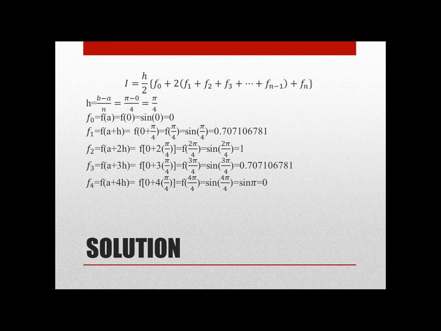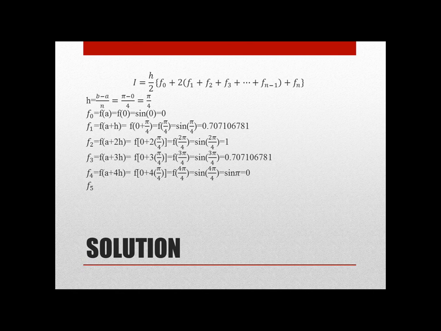Okay, now, how about for the f5? Do we have f5? Take note that our n is how much again? n is 4. Now, do we have f5? No, there is no f5. Why don't we have f5? It's because, like I have said, n minus 1 is 3, because our n is 4, right?